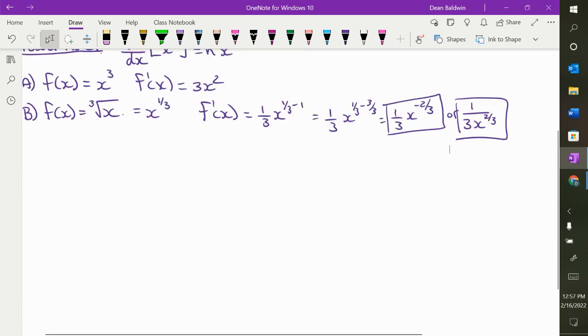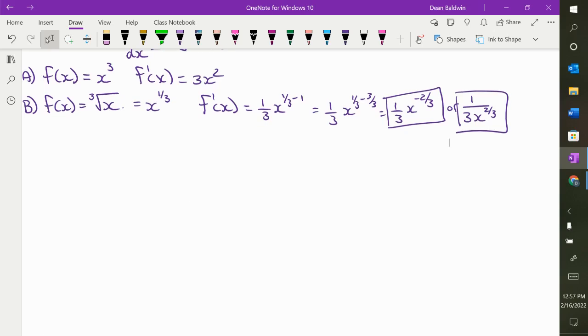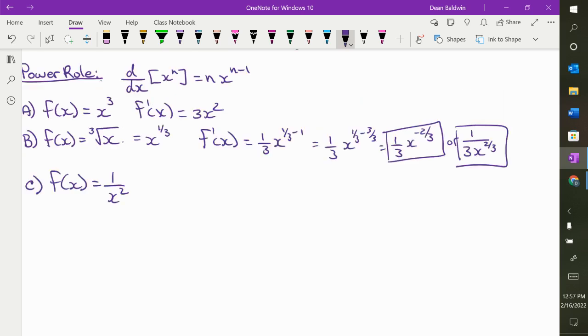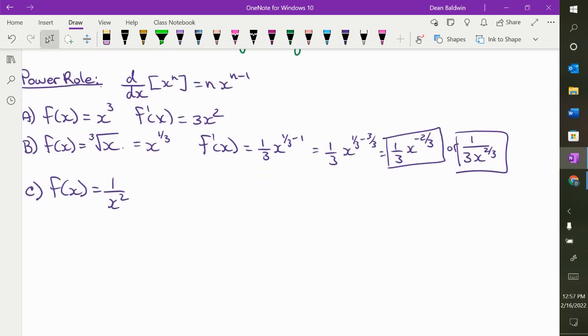Let's do another one. So what if you have, so there's your function, 1 over x squared. You want to write it as x to a power, because then it fits our power rule. So we're going to rewrite it as x to the negative 2.